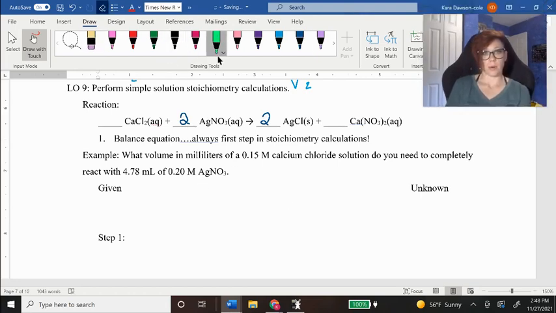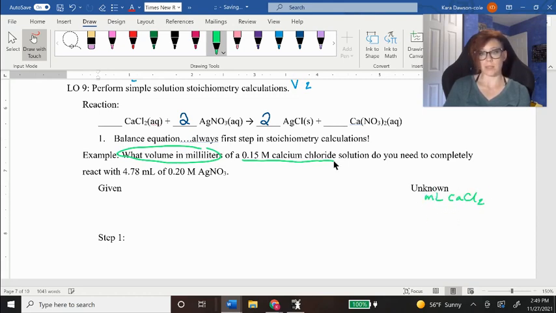All right, so let's look at this problem. So I've got 1.5 molar calcium chloride, and I'm asked to find what volume in milliliters. So I need milliliters of CaCl2.